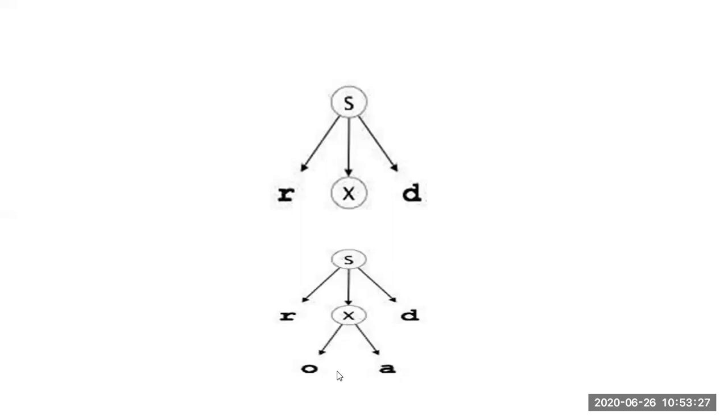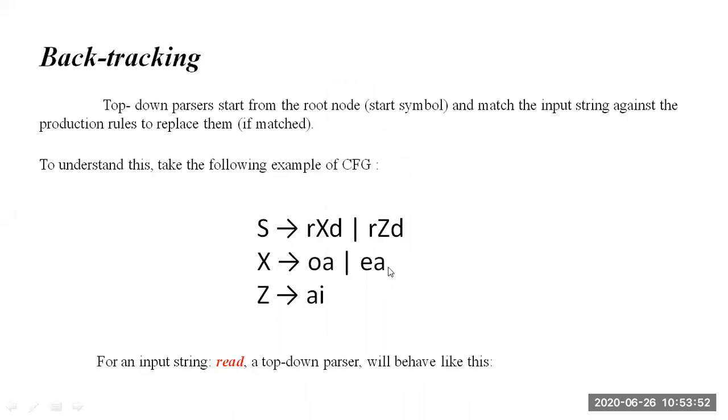After expanding X with the first alternative OA, what is the input string now? ROAD. The string will become ROAD. But we want READ, not ROAD. So the alternative taken for X is not working; the production rule taken for X is not suitable. So we have to go back to X and take the alternative. What is the alternative? EA is there.